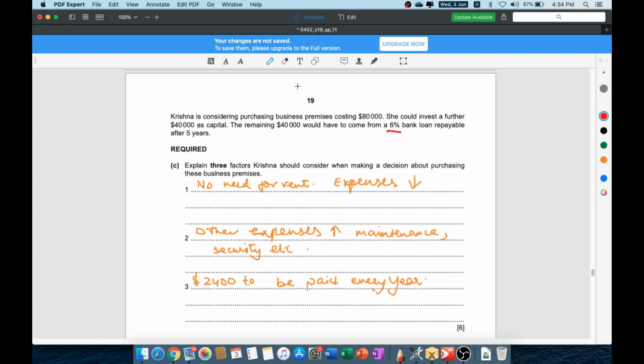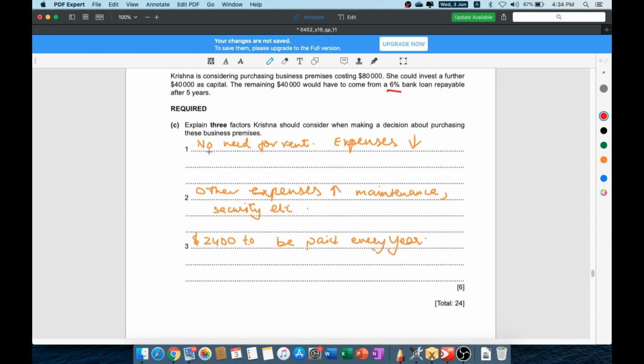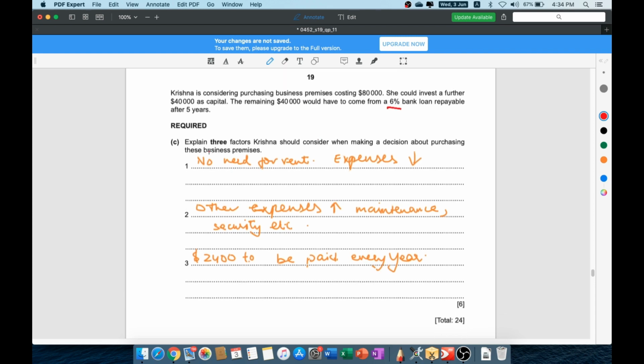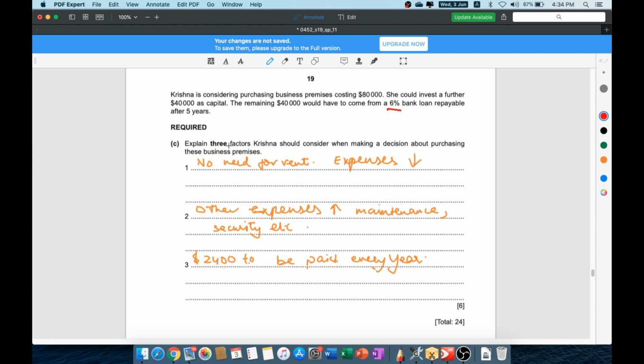So the first thing that she needs, well, obviously that's common sense, is that when she purchases business premises, she won't need to pay any more rent, right? So if she doesn't have to pay any more rent, that means that part of her expenses will decrease. So that's one thing.